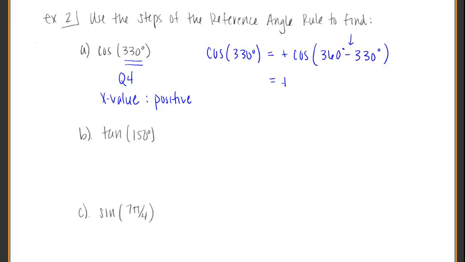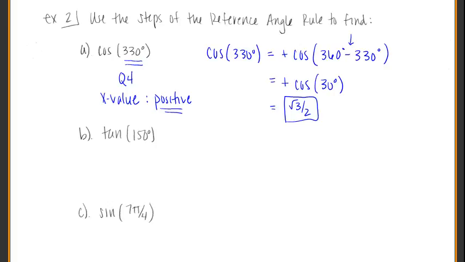The reason I'm saying positive is because of this part right here. So it's the positive cosine of 360 minus 330, which is 30 degrees. The cosine of 30 degrees is the square root of 3 over 2, and there's our answer. So the cosine of 330 is the square root of 3 over 2, and all I had to know was quadrant 1 and my little reference angle rule.